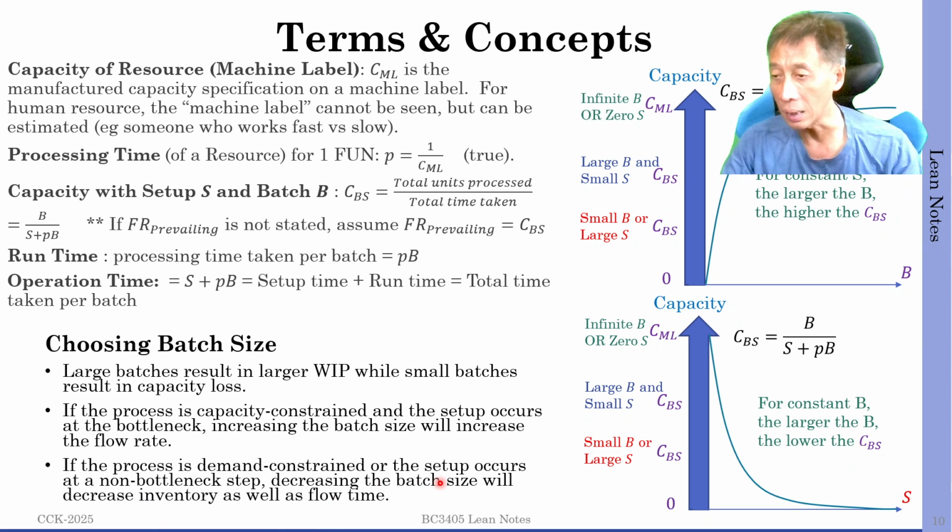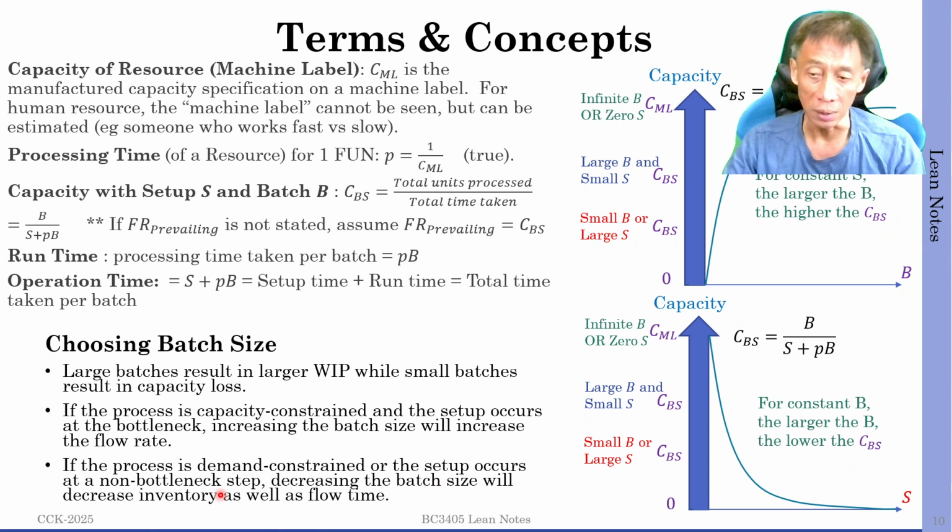Then decreasing the batch size will decrease the inventory as well as flow time. That's what it's trying to say. All these are actually cause and effect due to Little's law, due to the way we define the batch and setup time, because setup time is incurred for every batch. That's why all these things automatically occur.